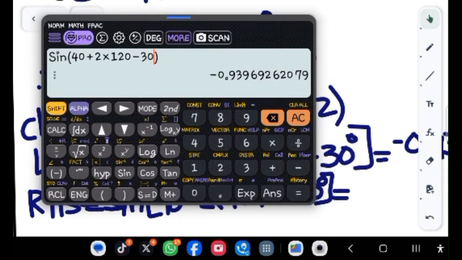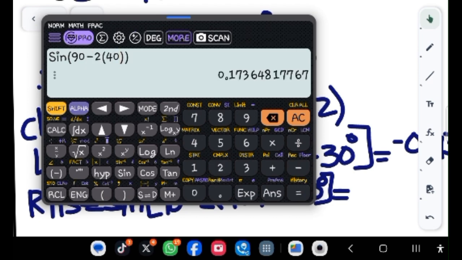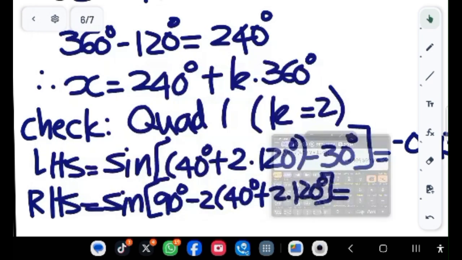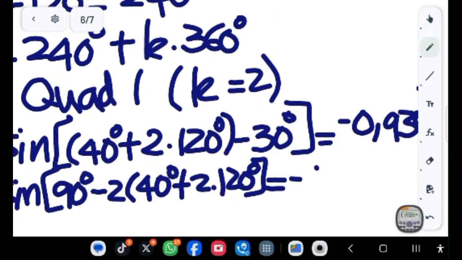That is sine of 90 degrees minus 2 times 40 plus 2 times 120 degrees, and it gives us exactly the same answer, negative 0,939. So it checks out.